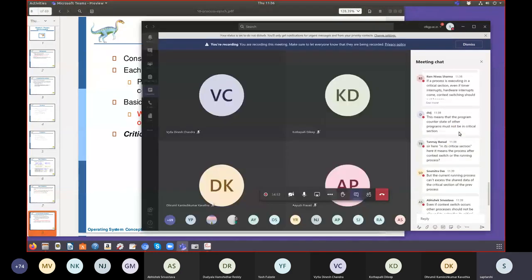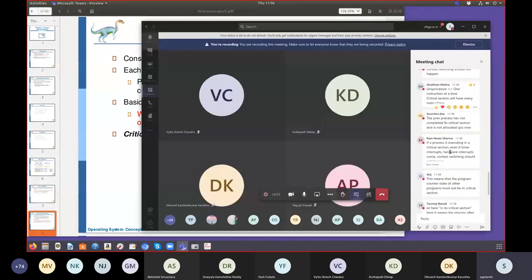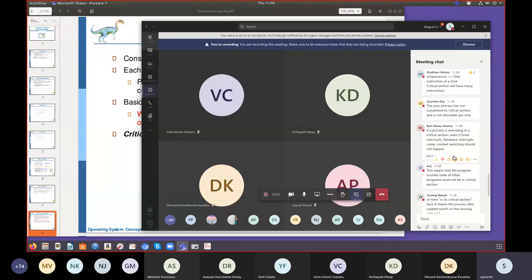What it means is what some others are saying. Shubham kind of hinted about it. Ramnivas also said the same thing, but I'm saying that this is not the actual idea. One simplistic idea can be that as long as one process is executing in its critical section, there will be no context switch. But that's typically not a good design because the critical section can also be quite long.